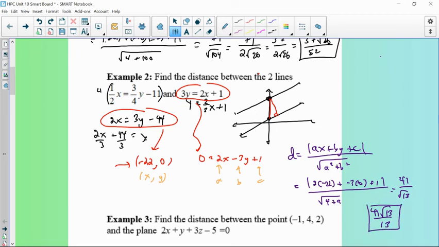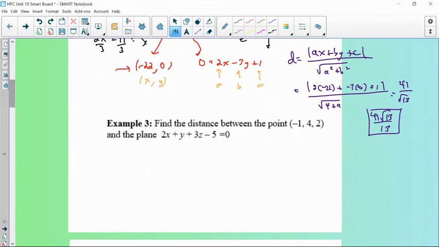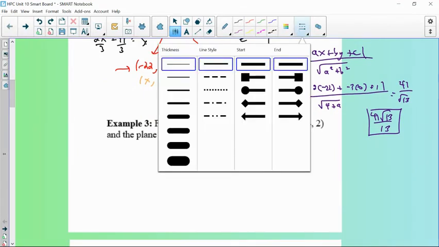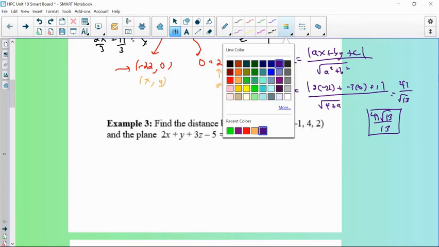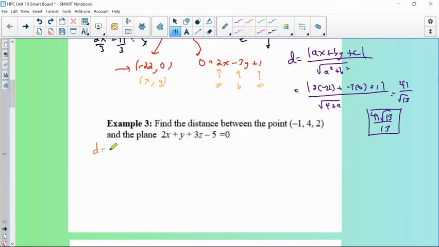Okay. Now, much like last unit, measuring it in the third dimension just extends it one variable. So now my distance formula has 4 components in the numerator and 3 in the denominator. So now, my distance would be ax plus by plus cz plus d all over the square root of a squared plus b squared plus c squared, because you've increased the dimension.